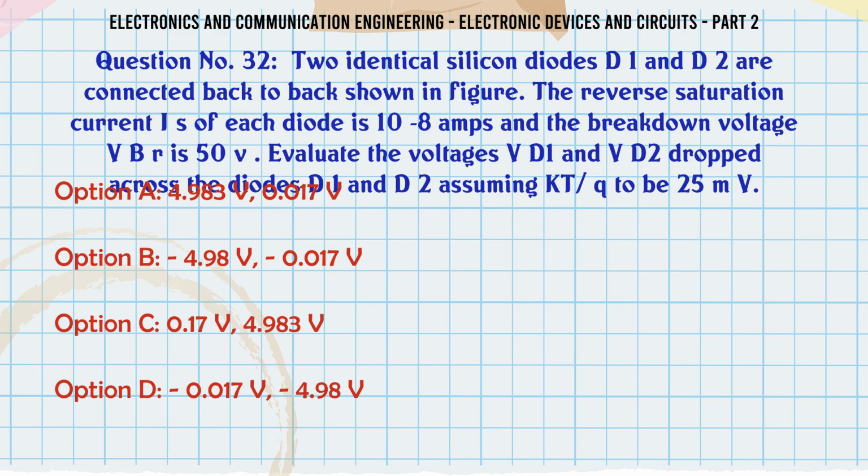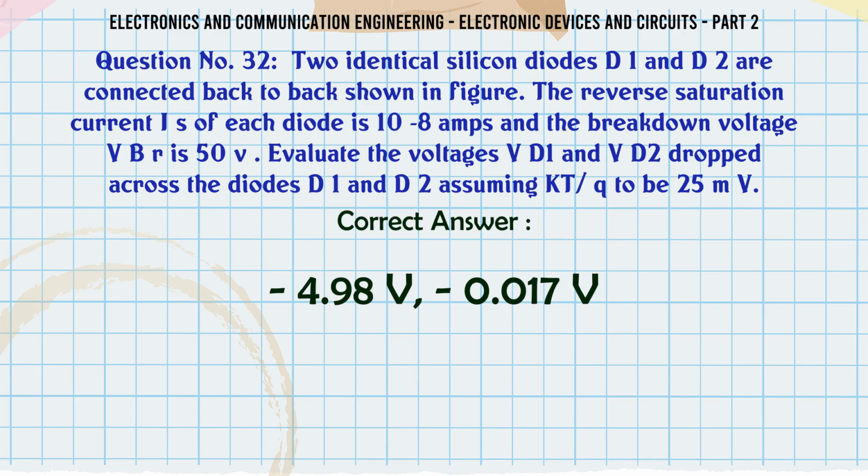A, 4.983 V, 0.017 V; B, 4.98 V, 0.017 V; C, 0.17 V, 4.983 V; D, 0.017 V, 4.98 V. The correct answer is 4.98 V, 0.017 V.